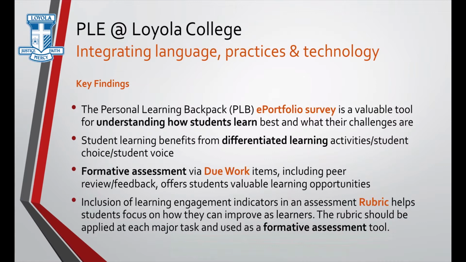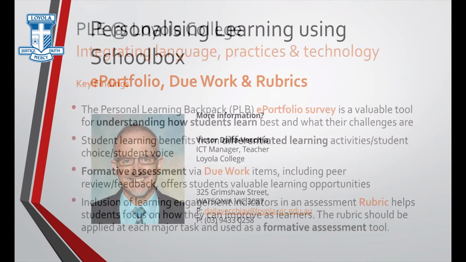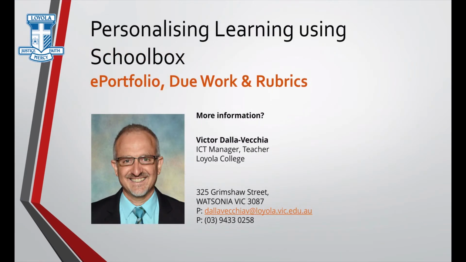The high achievers probably already have that down pat as innate learners, but the ones that are average, below average, they really, really need this support. I think that's it.